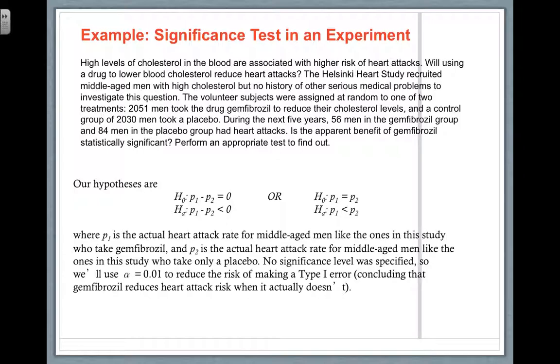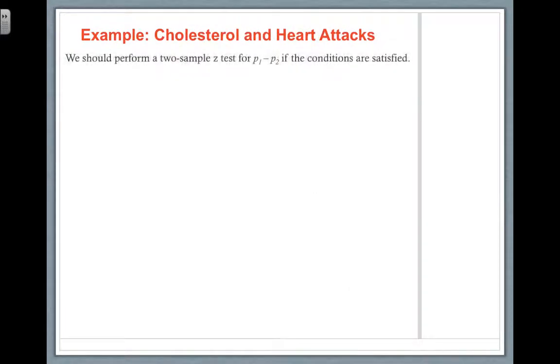So if I want to reduce the probability of making a type 1 error, I'm going to use a lower significance level. So I'll use 0.01 rather than 0.05, which is our conservative.